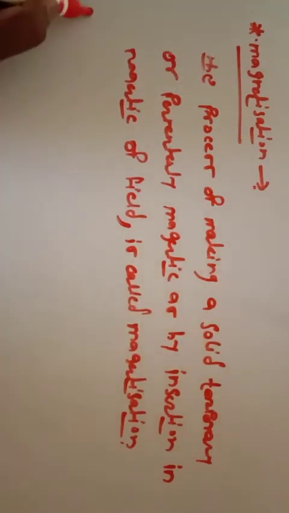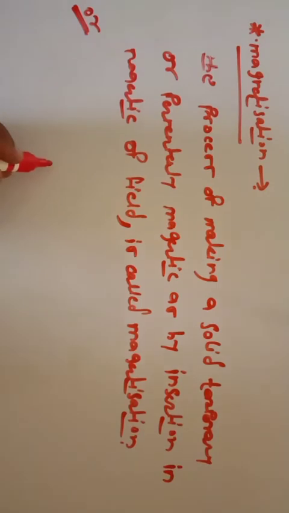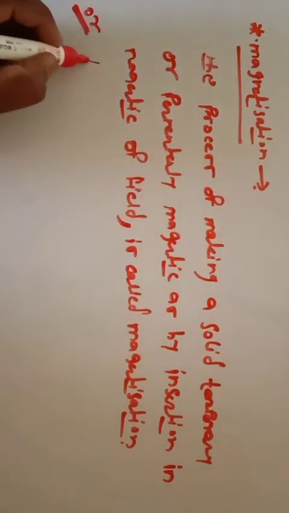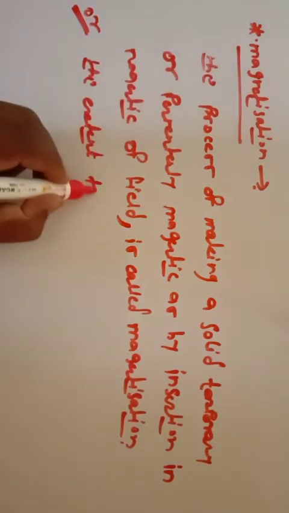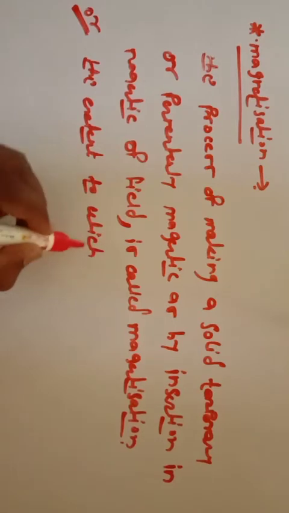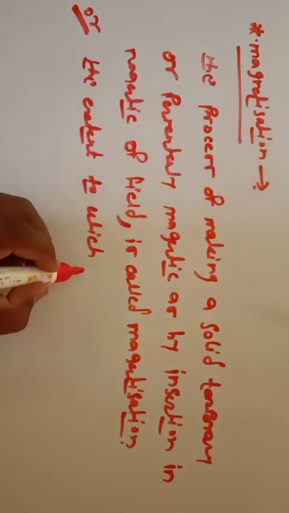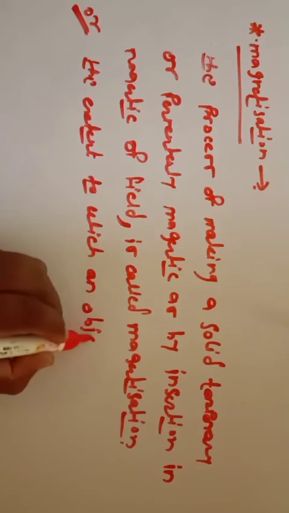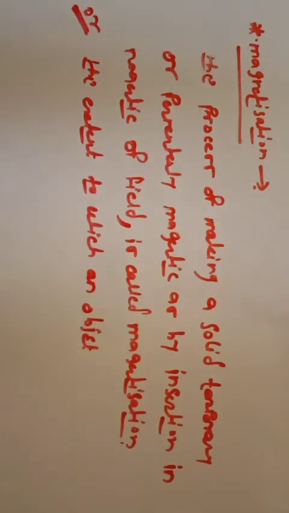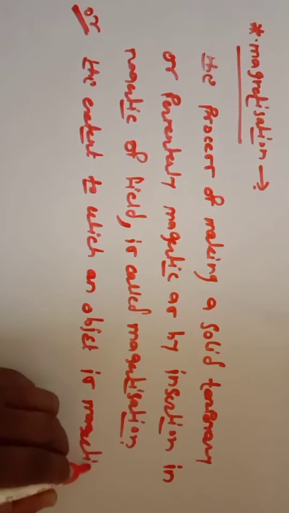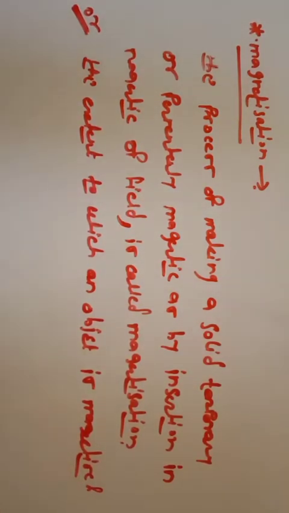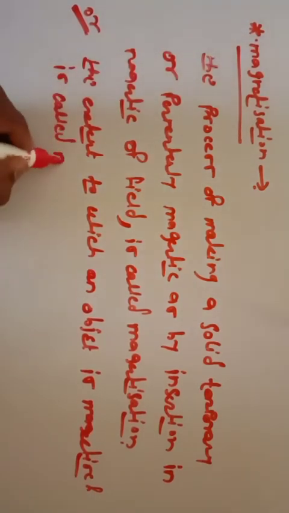Or in other words, we can also express magnetization as the extent to which an object, meaning a solid material or any substance, is magnetized. The extent to which an object is magnetized is called magnetization.